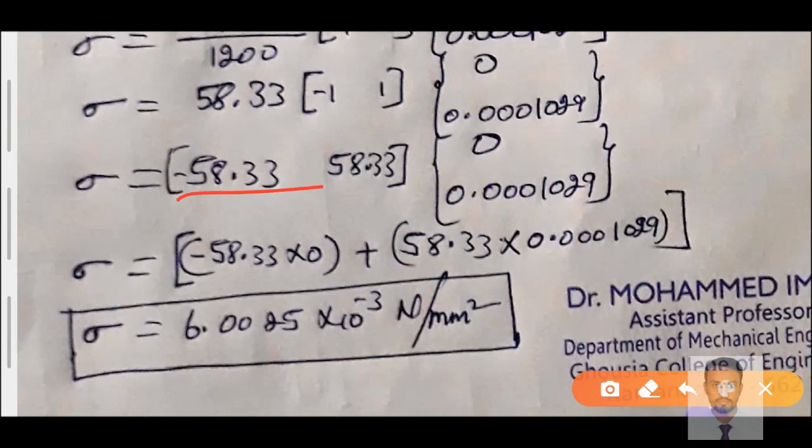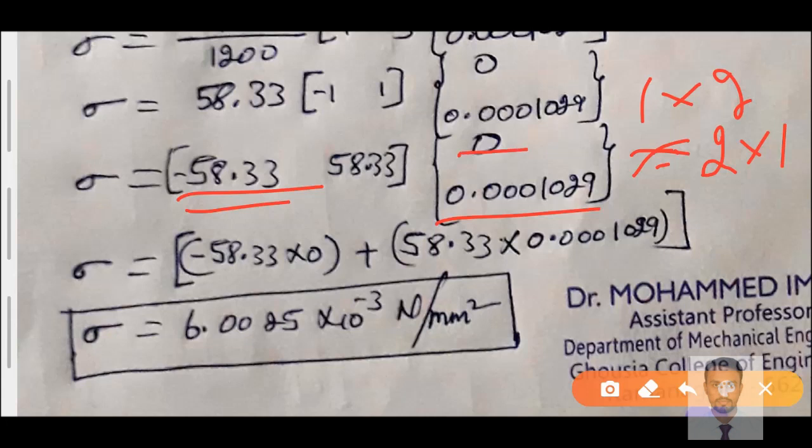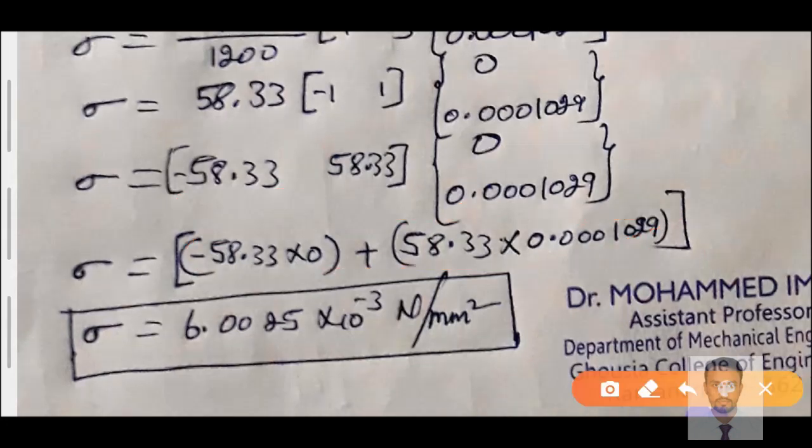Then resolve these two matrices, a 1 cross 2 into a 2 cross 1 matrix. You will get a 1 cross 1 matrix: minus 58.33 into 0 plus 58.33 into 0.0001029. This value is 0 plus this, which equals 6.0025 into 10 to the power of minus 3 Newton per millimeter square.